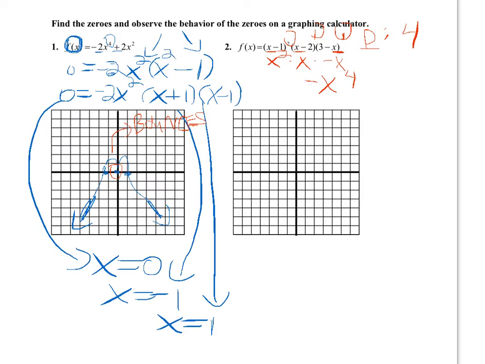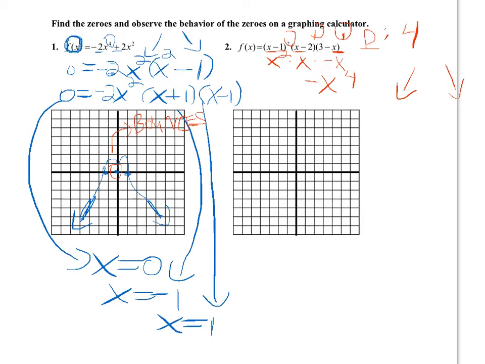So as I was saying, the negative x to the 4th is going to be a parabola that goes down, or it's similar to a parabola. And then now we're going to find the zeros. We already did the first step. Now this is the great thing about this one. When you find the zeros here, it's already factored out.